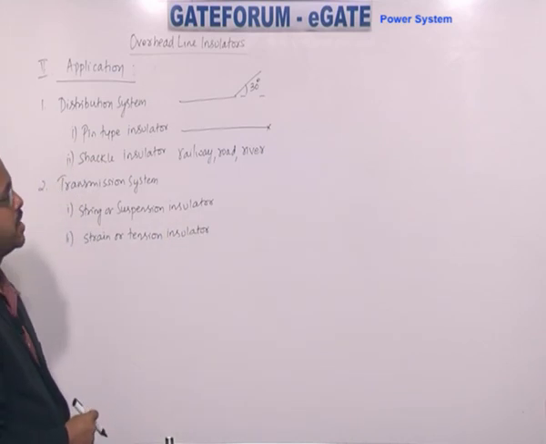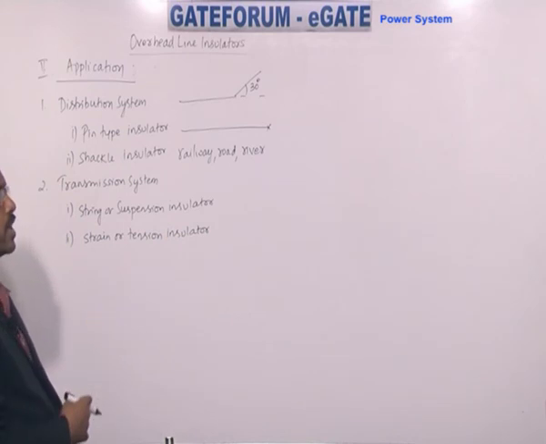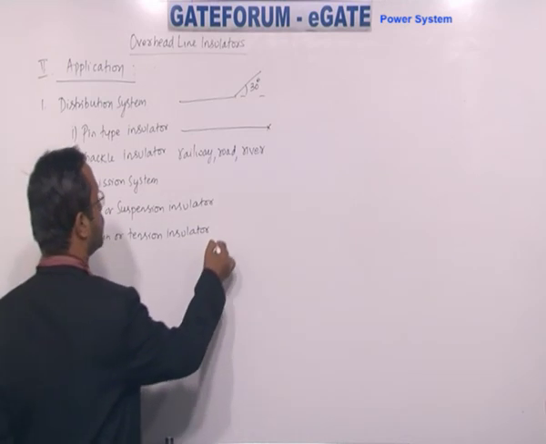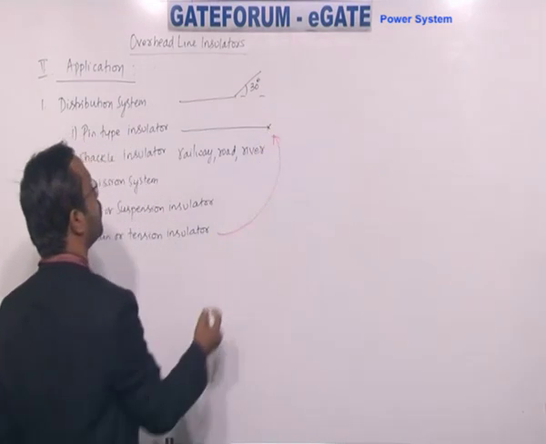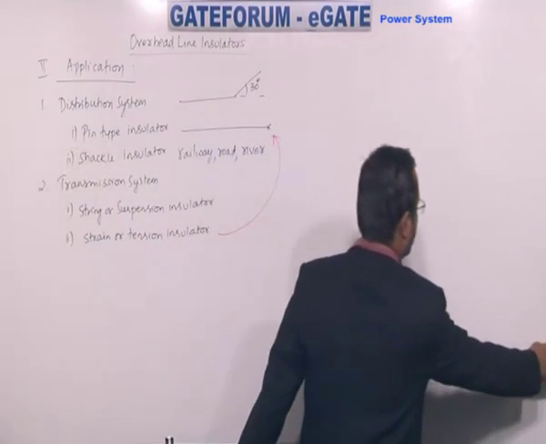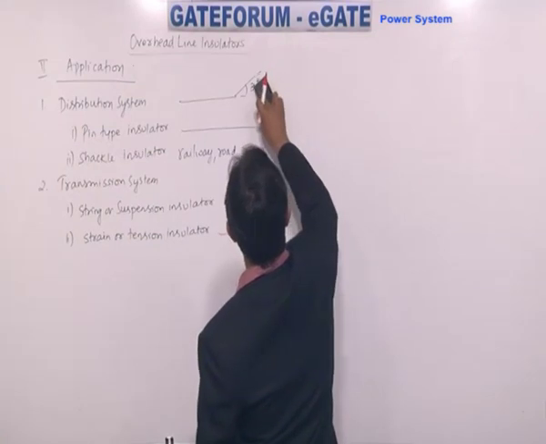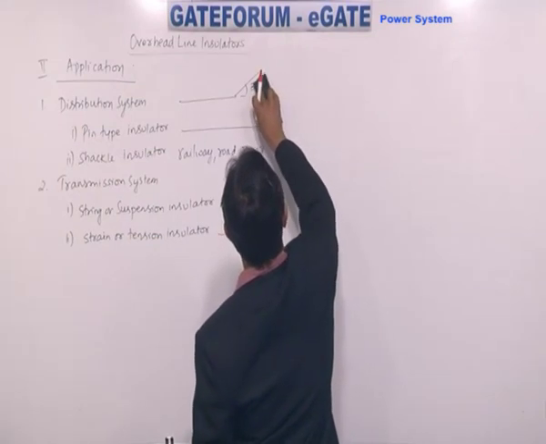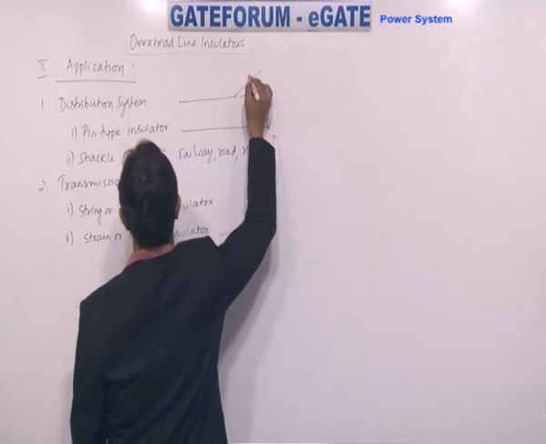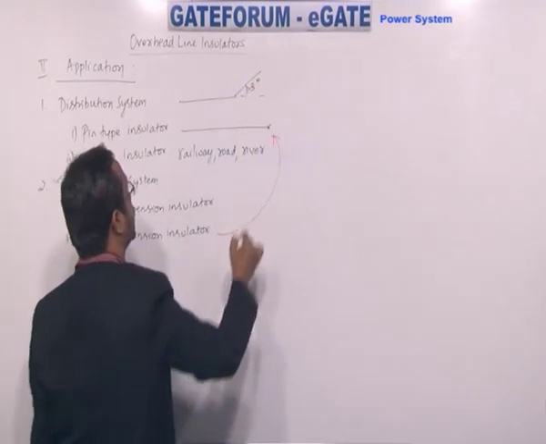Anyway, we discuss string or suspension further. When the deviation of the transmission line is more than 3 degrees, not 33 degrees, we use strain or tension type insulators.